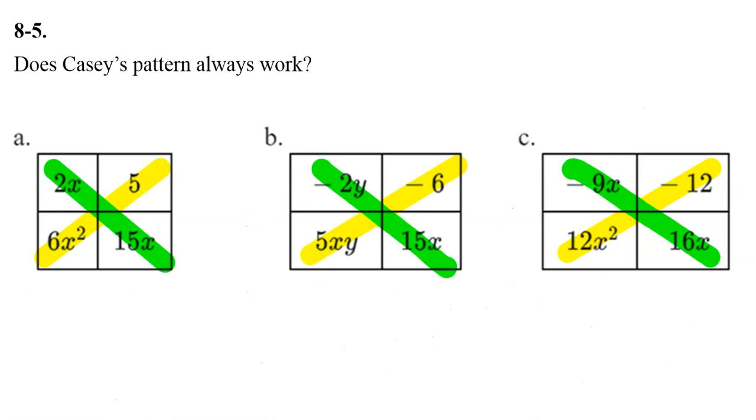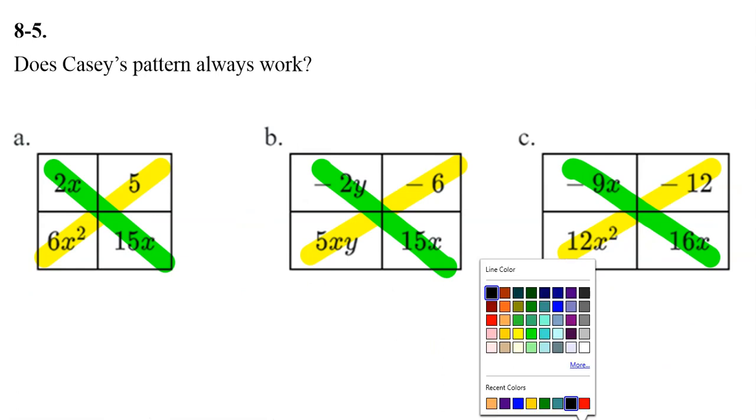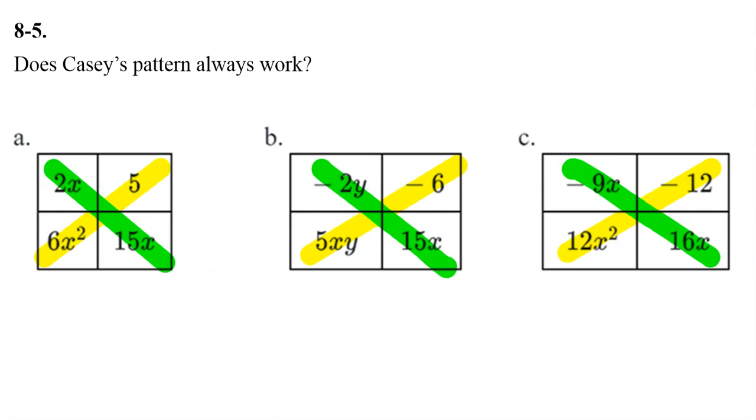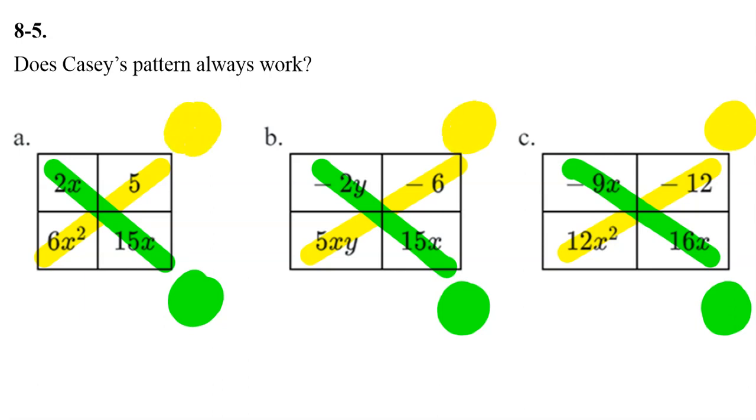So put the greens in here, and then we got our yellows here. And we'll see what the multiplication ends up being.